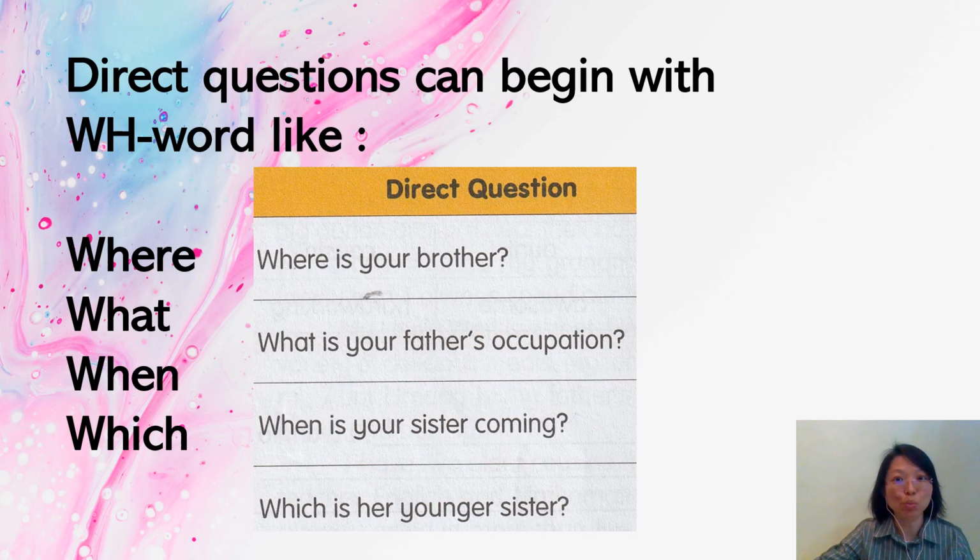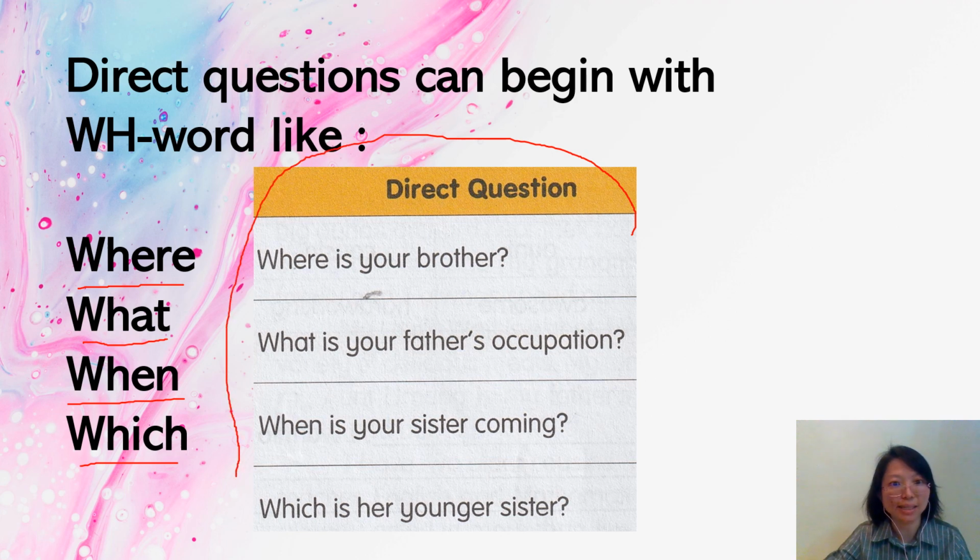Questions can begin with WH words. WH words like where, what, when, which. So these are the direct questions. There are 4 examples here.